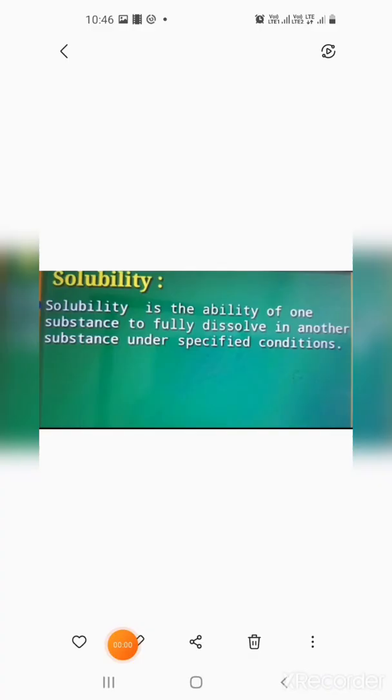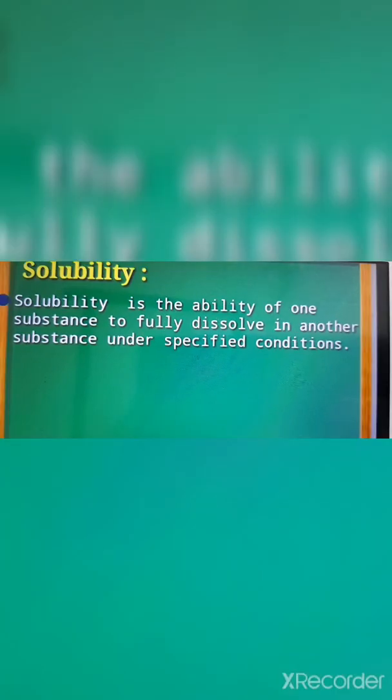So children, let's move on to the next topic, that is solubility. What is solubility? Solubility is the ability of one substance to fully dissolve in another substance under specified conditions, right? Okay, the ability of one substance to dissolve in another substance is known as solubility.